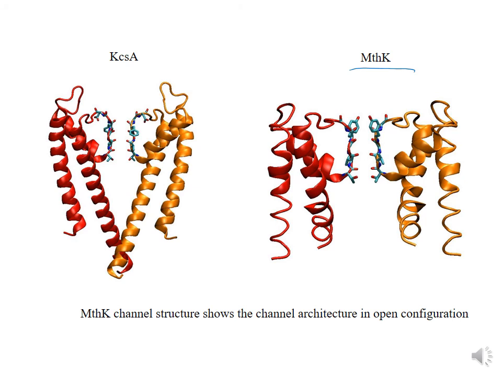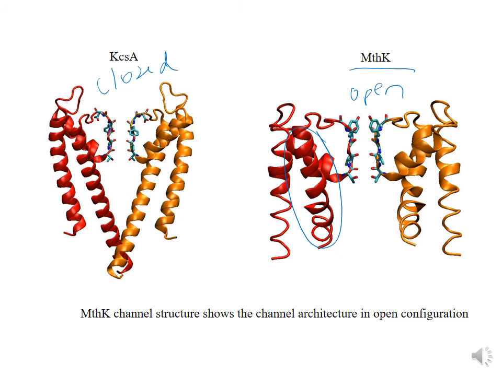You can see that in the open configuration, mainly the TM2 transmembrane domain is able to rotate and open this large vestibule that allows potassium ions to gain free access to the selectivity filter through diffusion. If you compare the KcsA and MthK channel structures, it seems that we are looking at examples of closed and open potassium channels.